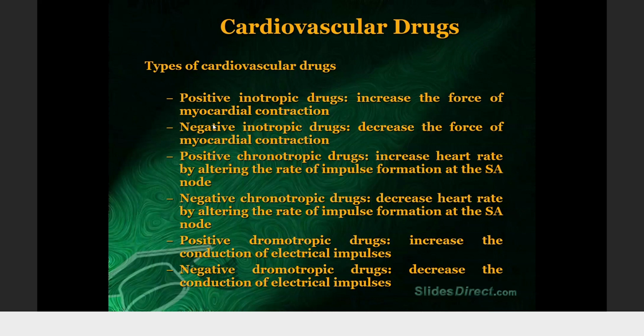This category is normally used for humans. Seldom or never do we use positive or negative chronotropic drugs, and positive or negative dromotropic drugs, in animals.